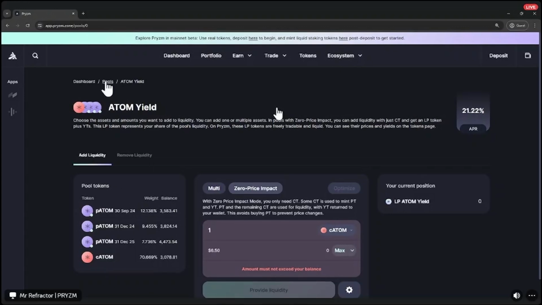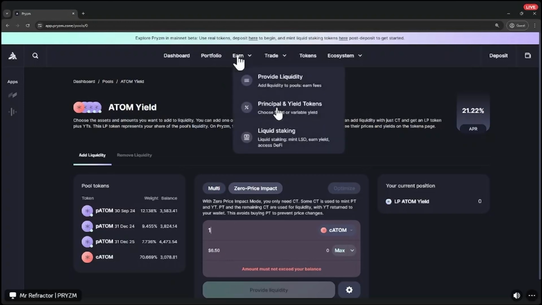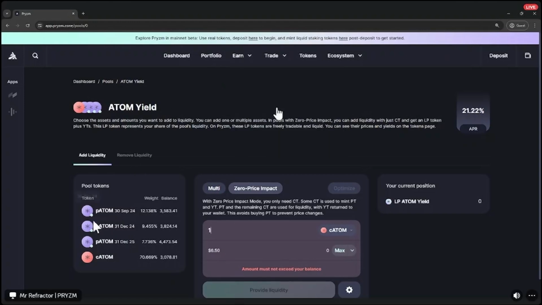That's the way to think about providing liquidity. Because you own a token, you own a share of these assets in the pool. As these assets move around, so does the value of the token that you own. So when's a good time to own this pool token? A great time to own this pool token is when you see that yields are high on pATOM.